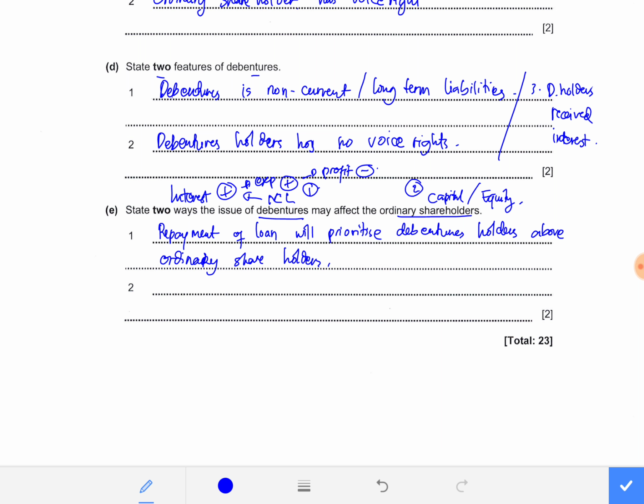The other way is that dividend received by shareholders will reduce because there is interest on the loan. Yeah, interest on the debentures increases during the year.